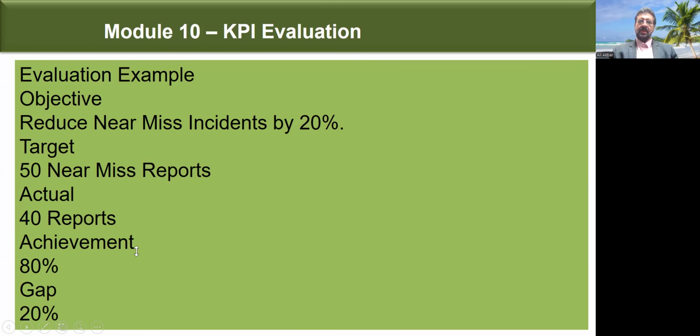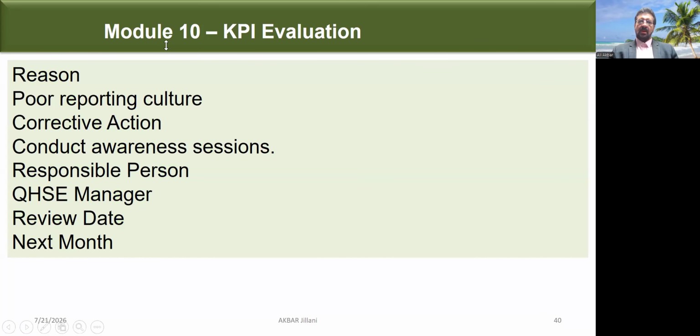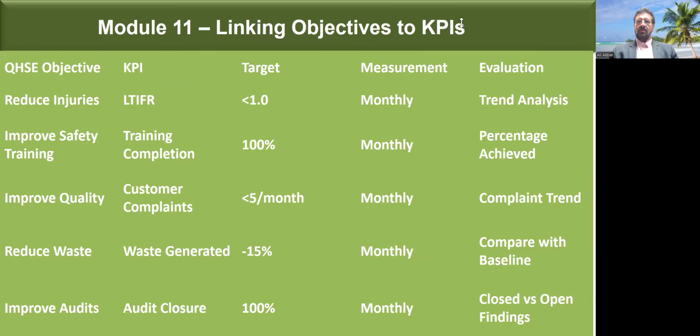Achievement 80%, the gap is 20%. Reason: poor reporting culture. Corrective action: conduct awareness session. Responsible person: QHSE manager. Review next date: next month.